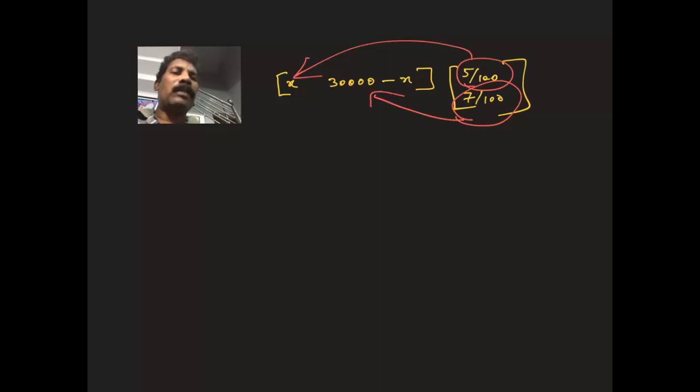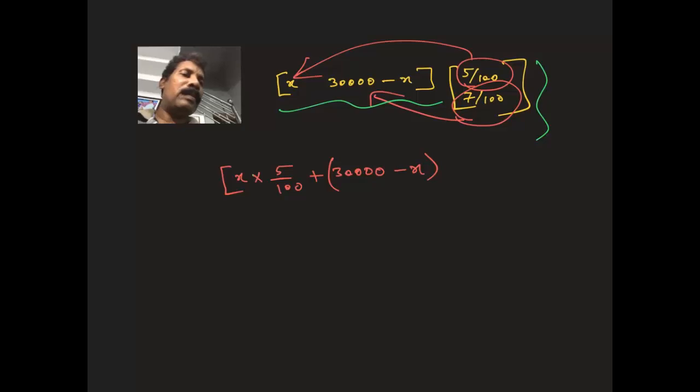Therefore the total amount, in terms of matrix multiplication by the row column method, is x into 5 by 100 plus 30,000 minus x, then 7% of it. That is nothing but the total interest. That's the third matrix, a 1 by 1 matrix, of course.